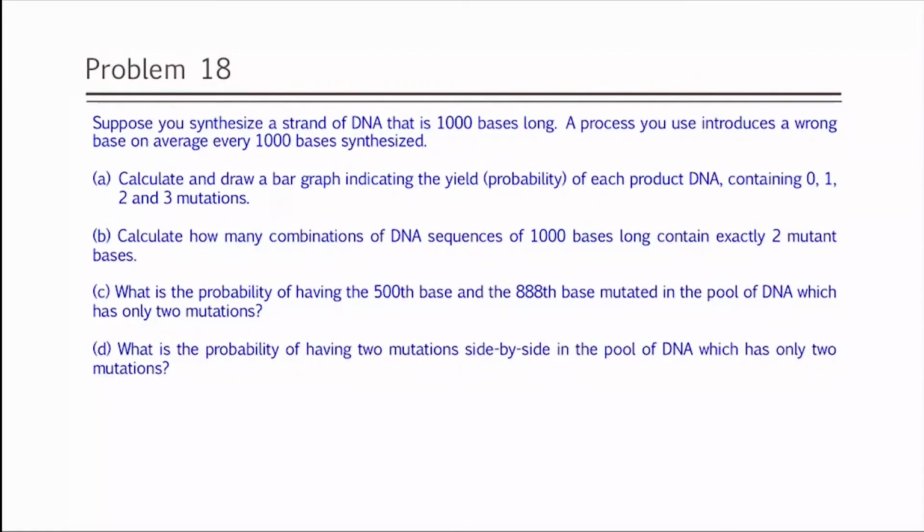Now the question is: calculate and draw a bar graph indicating the yield of each product DNA containing 0, 1, 2 and 3 mutations. It is asking us to plot the binomial distribution where small n in the earlier problem was 0 or 1 or 2 or 3. Basically we are going to follow the same thing.